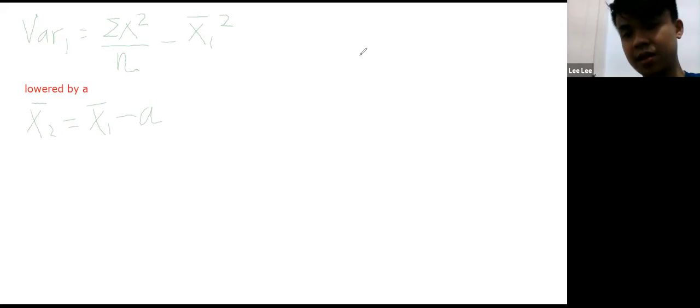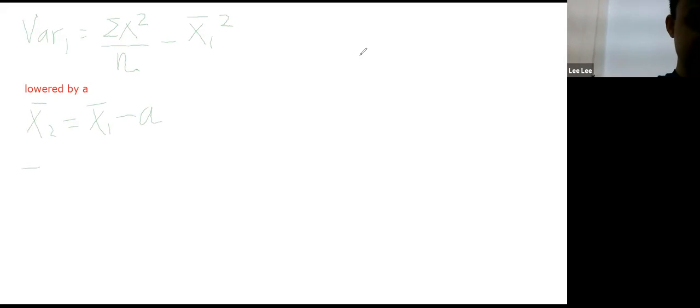Now, the data has been lowered by A. So what is my second x bar? Because you have learned already, if you lower the data by A, your second x bar is equal to the first x bar subtracted by A. So the average follows what we did. Now the sigma x squared has to change notation.